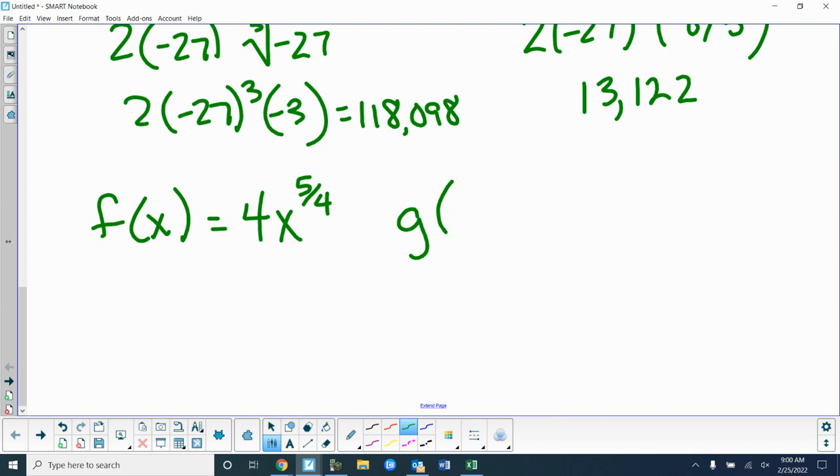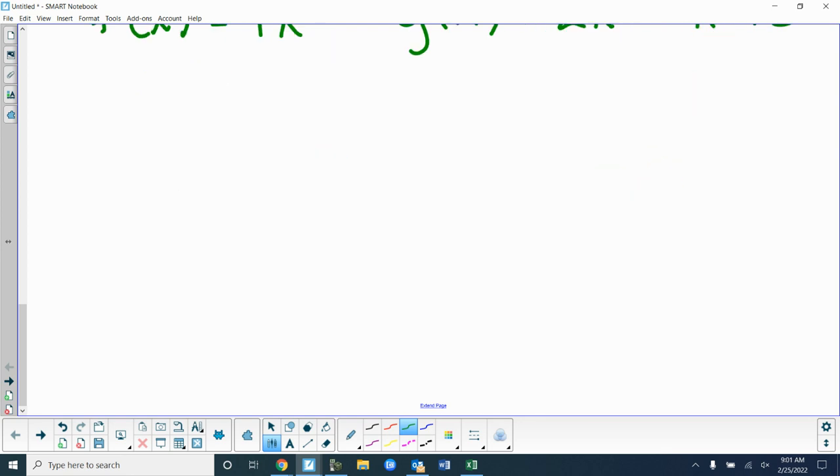And g is 2x to the 1/2 power. And then plug in 16 for x. All right, so multiply them, divide them, and then plug in 16, just for practice.